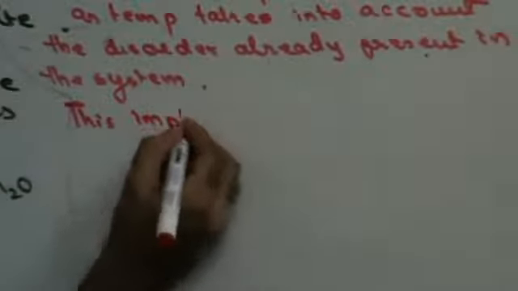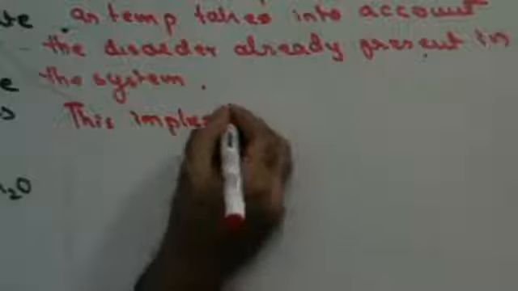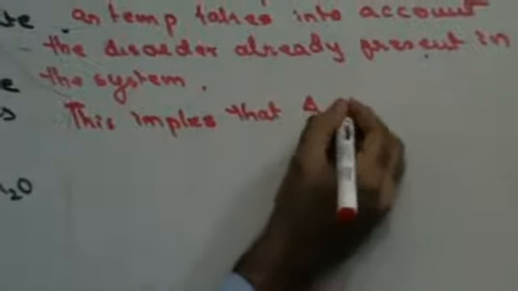This implies that change in entropy is inversely proportional to temperature. If it is at low temperature, there will be a greater change in entropy. If it is at high temperature, there will be less change in entropy. So these were the two factors with the help of which I could measure entropy.